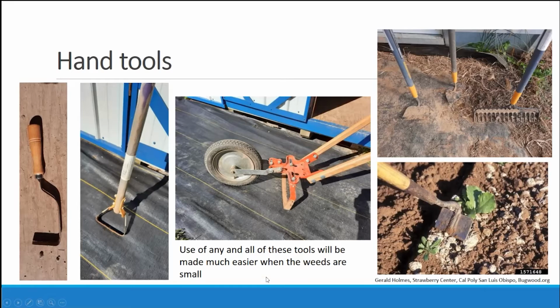The wheel hoe, if stuff's in the alleys, away from crops, this is a nice, easier way to pull weeds up. Again, all of these things are going to be much easier when you have small weeds. If you're dealing with giant weeds, pulling or digging may be one of the only ways to get the weeds up. And then, of course, here's a variety of other tools that may help.